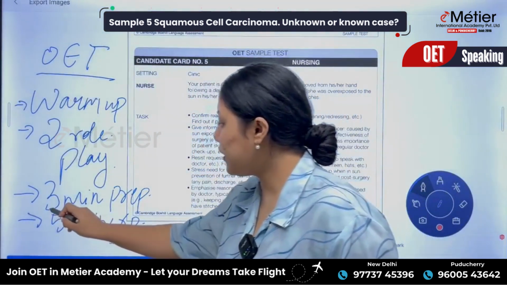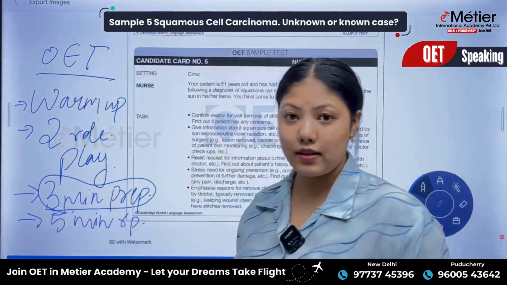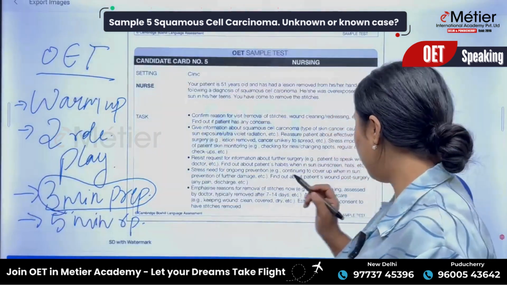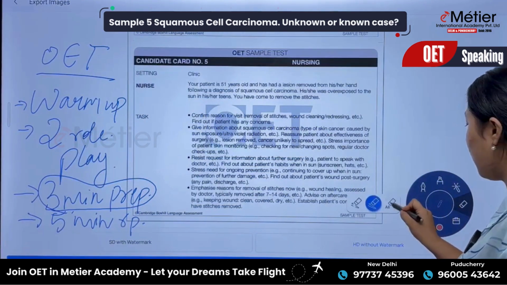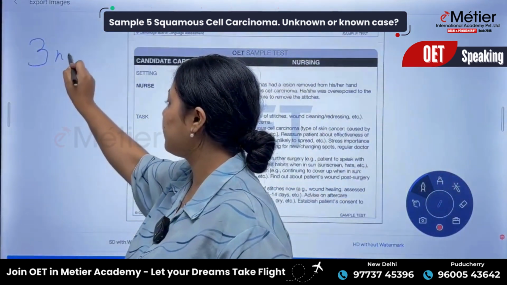So, what do we do in this 3 minutes of preparatory time? And yes, remember that you will be recorded during the role play. Okay, so my question to you is, what do we do during that 3 minutes of time period?